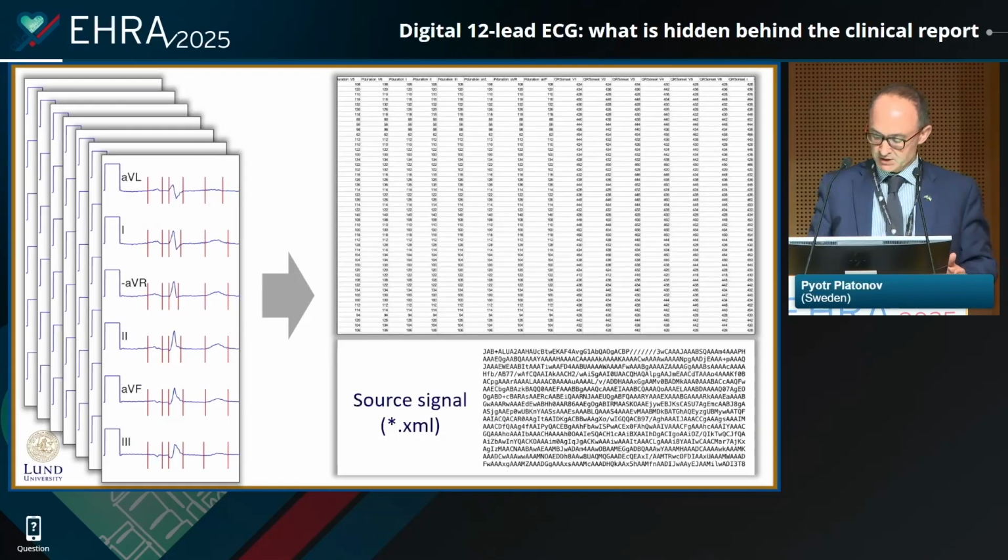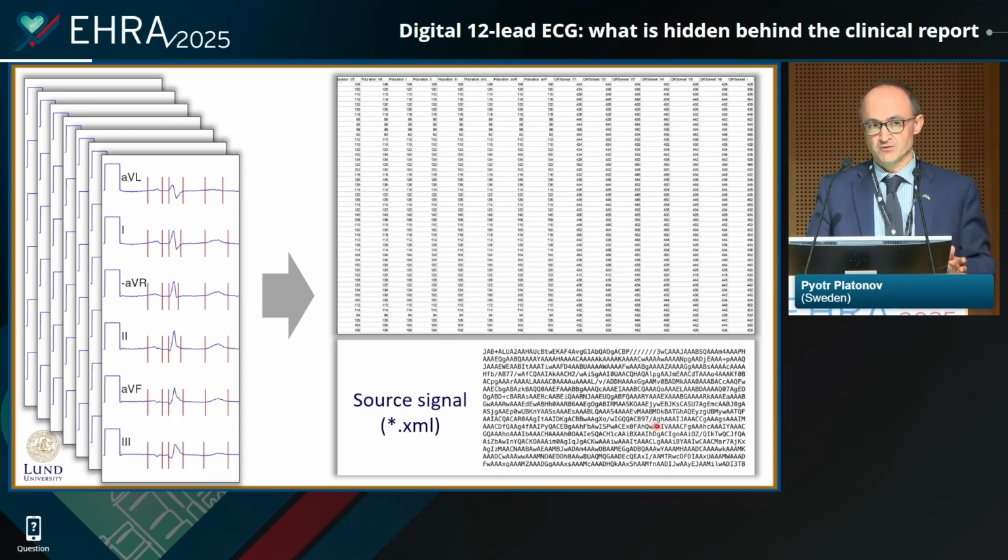We have a number of ECGs that are stored in the clinical databases. Behind that, there are a lot of numbers, and those numbers are arranged in two ways. One is by running automatic processing of those ECGs, which is standardly done by all ECG software, that results in a large number of measurements. The other way ECG is stored is the raw ECG file.